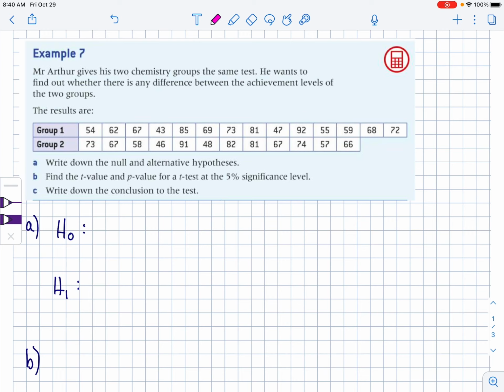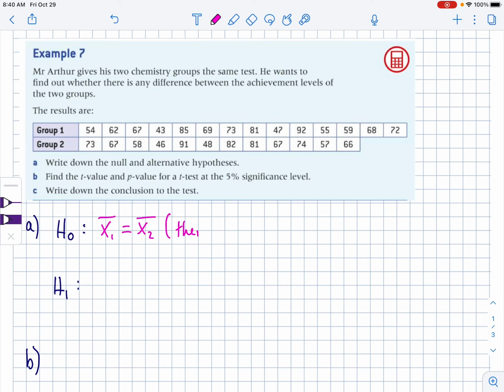Null and alternative hypothesis. In very simple mathematical terms, the null hypothesis with the t-test is that the mean of data set 1 is the same as the mean of data set 2.